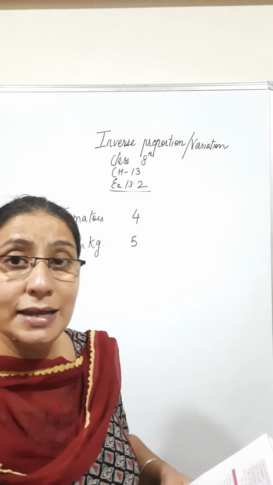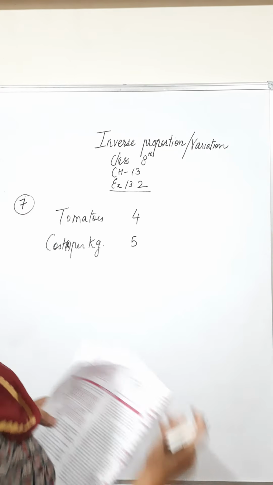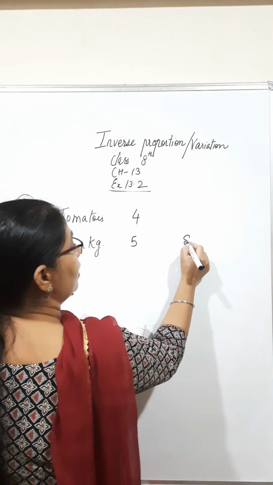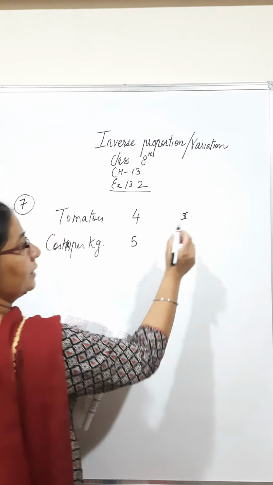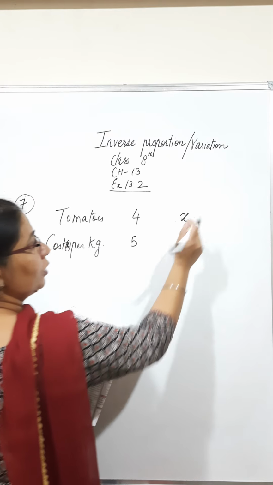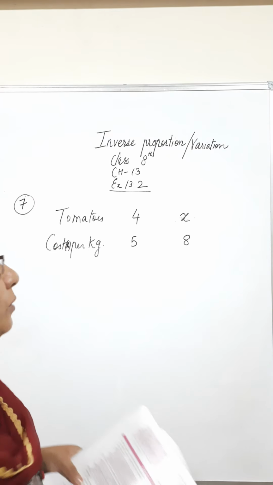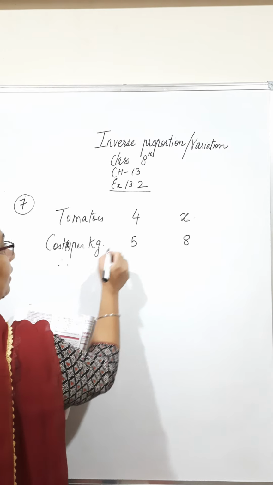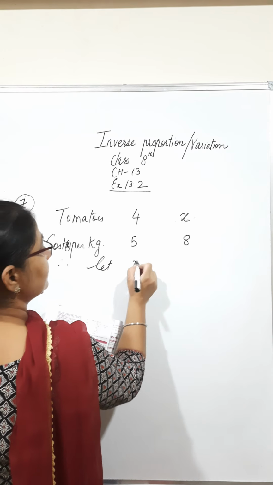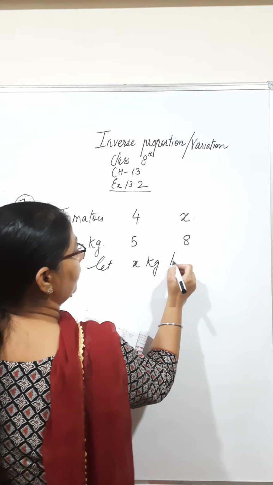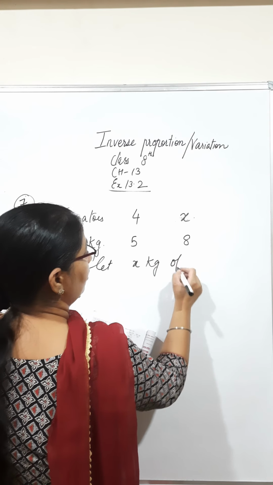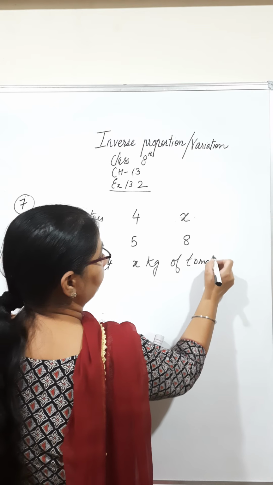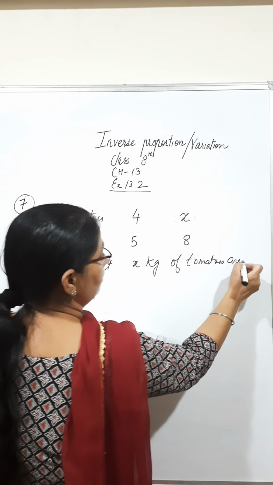That means now the cost of tomatoes is rupees 8 per kg. How many tomatoes can I buy? That is what we want to find, and let it be equal to x. So let x kg of tomatoes be bought.